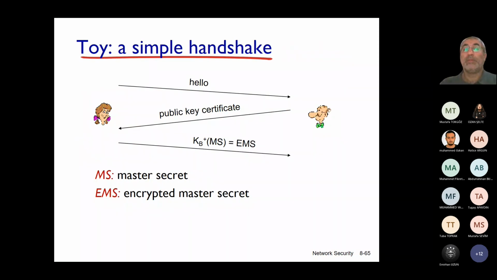So this is the visual explanation of this handshake, the first step. Alice says hello, and then Bob sends a public key certificate, and then the master secret and the encrypted master secret are obtained. Simply, the encrypted master secret is obtained by applying Bob's public key to this master secret.